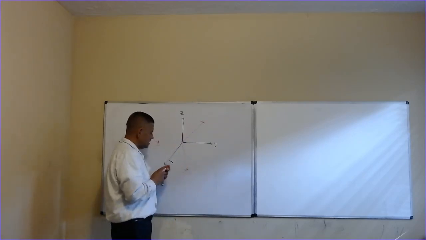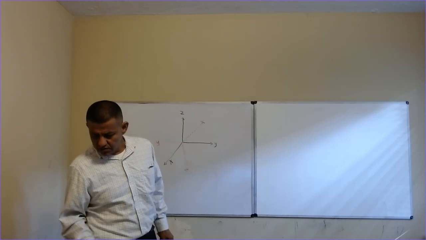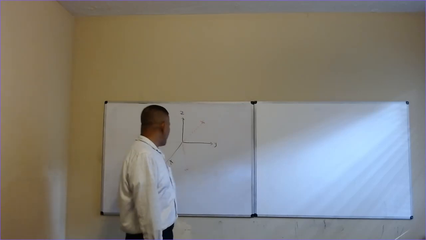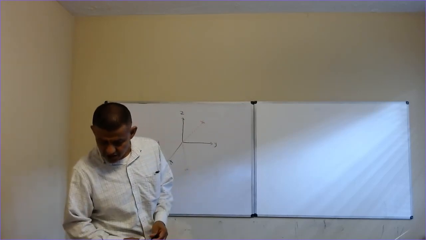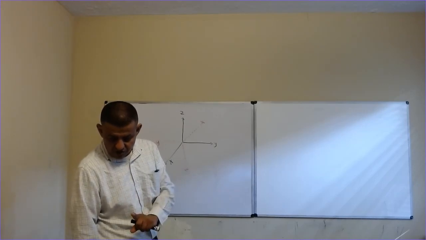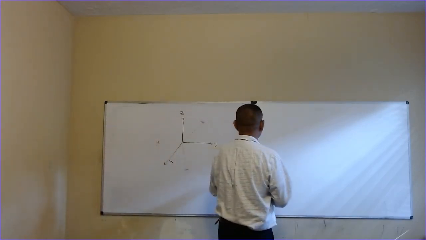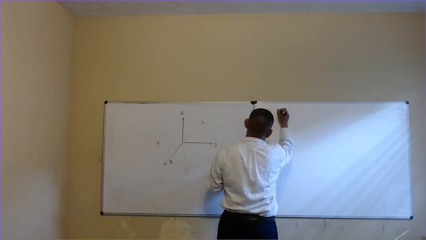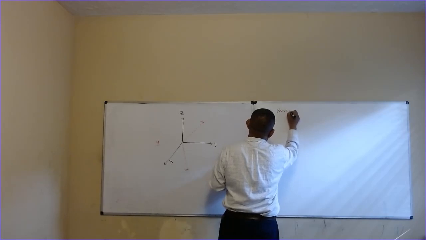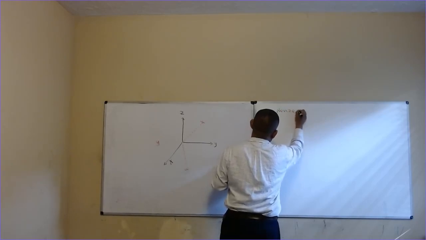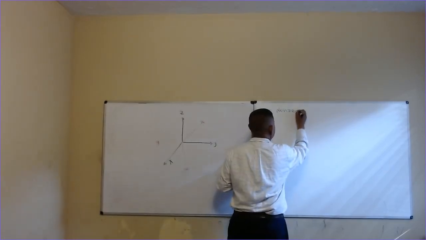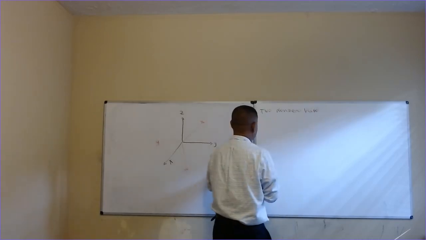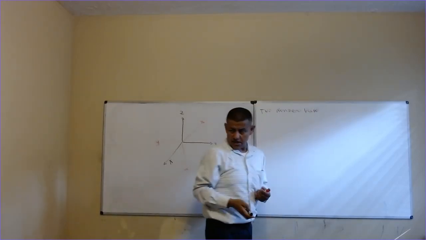Now, this is the thing. We will do an example of parallel vectors. The definition says that two non-zero vectors u and v... If I can get a marker that works better, because this one is not cooperating with me.